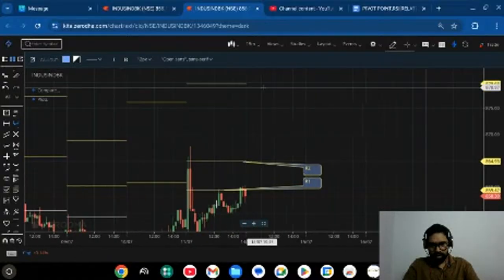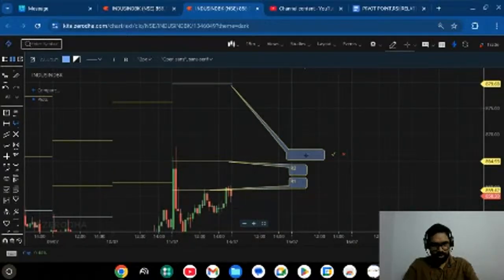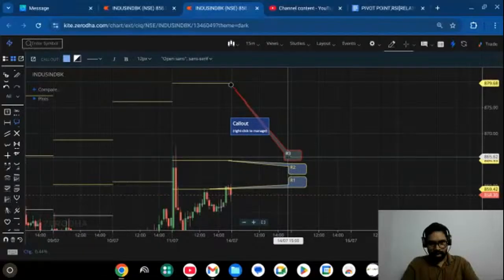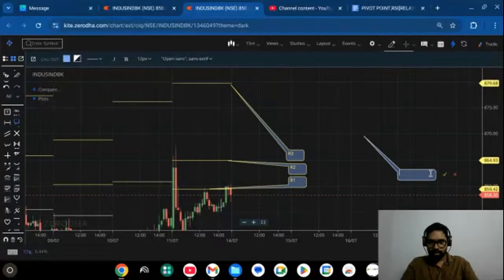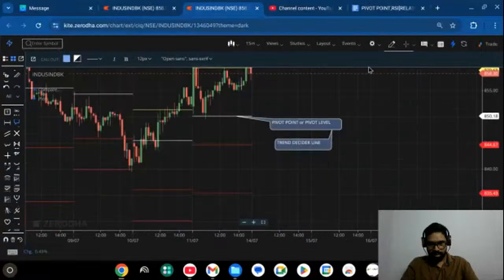So I can just mark it as R3, that it can go more upside. So there are three levels of marking here. These are the three resistance levels that the market can go upwards.